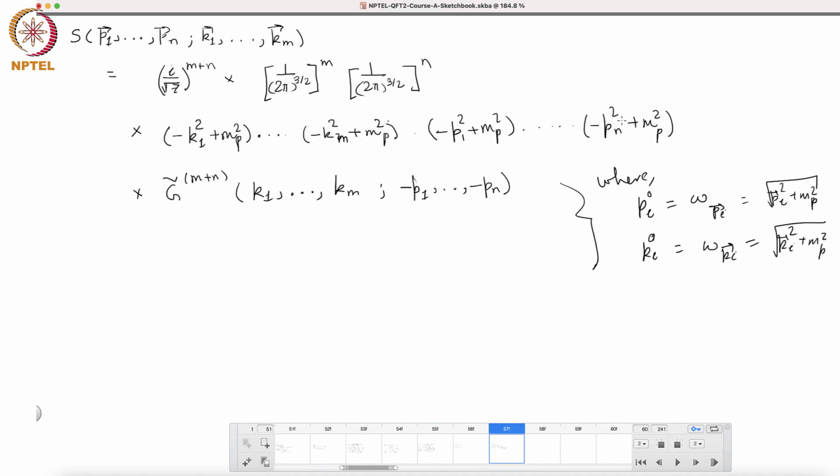So it looks like the S matrix is 0, which of course cannot be true, that the transition probability from an in state with all these momenta to an out state with all the pi's is 0. That cannot happen, because of course you know that scattering will happen. So clearly these zeros should be killed by some poles coming from here. That's the only way you can save this, otherwise it will give you 0.